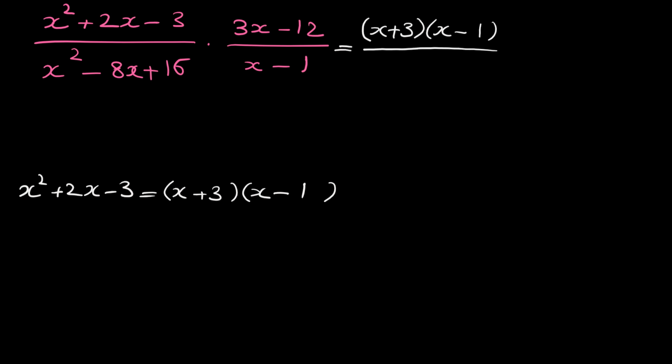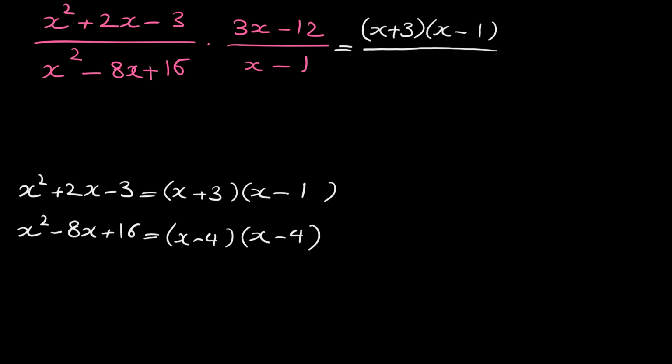What about the denominator? We have x to the 2 minus 8x plus 16. Let's see, can we factor this or not? We put two brackets, x in each bracket. Now we look for two numbers whose product is 16 and whose sum is negative 8. Those numbers are negative 4 and negative 4.